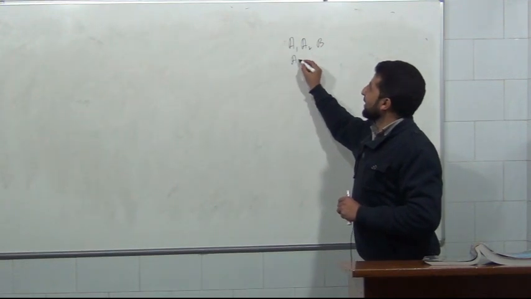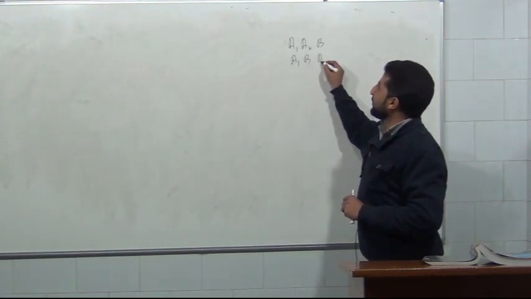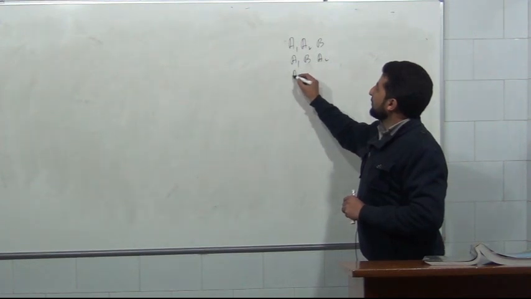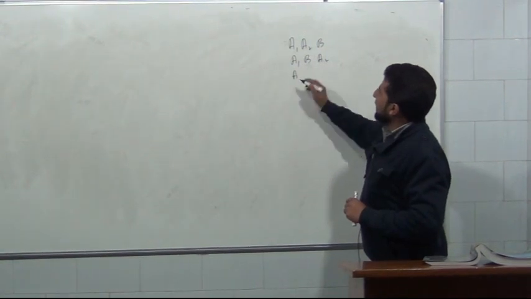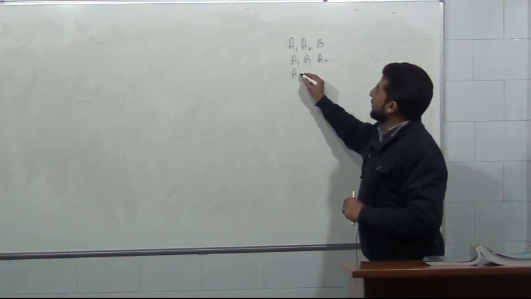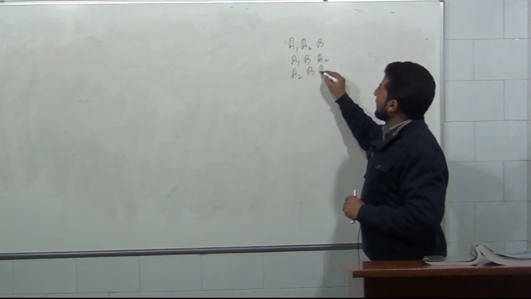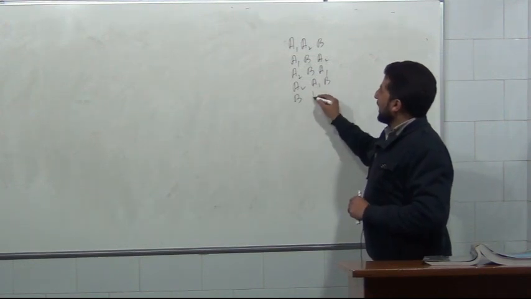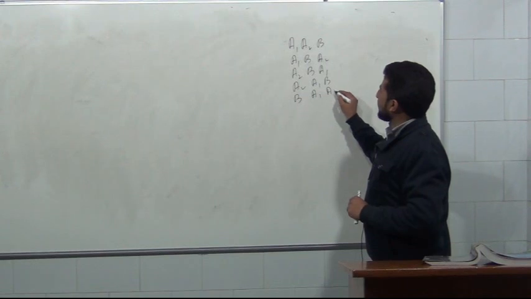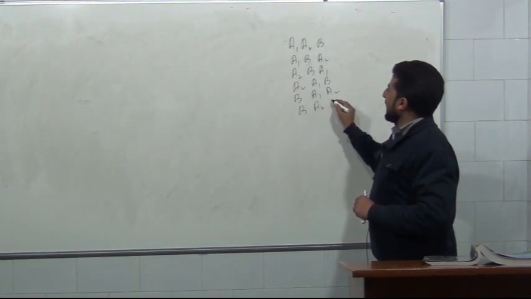You will definitely say it is A1, B, A2; A2, B, A1; A2, A1, B; B, A1, A2; B, A2, A1.